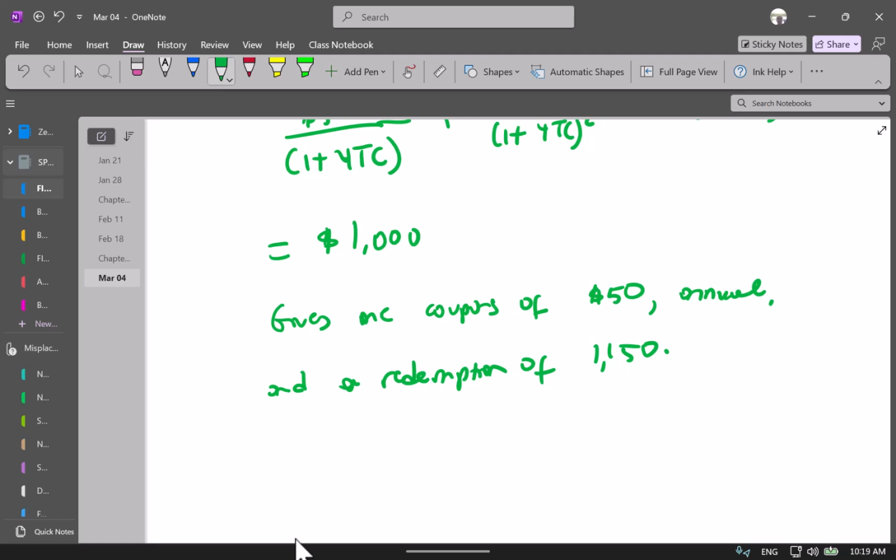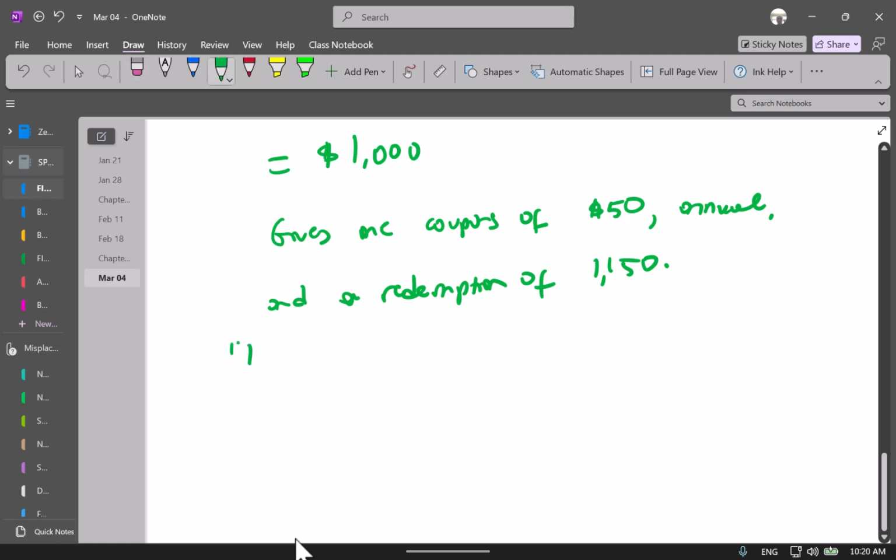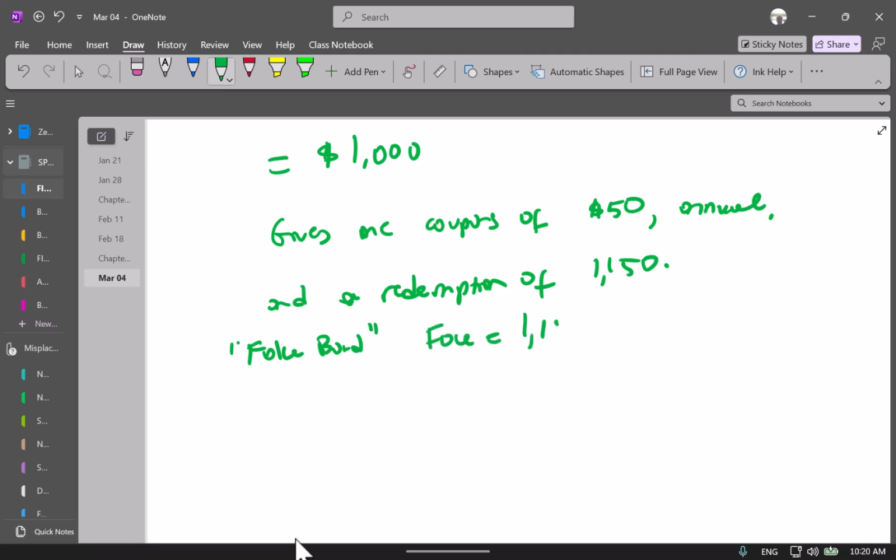So I'm going to have a fake bond, so that I can put it in the context of the template. It has a face value of $1150. It has a coupon rate of 50 divided by 1150.